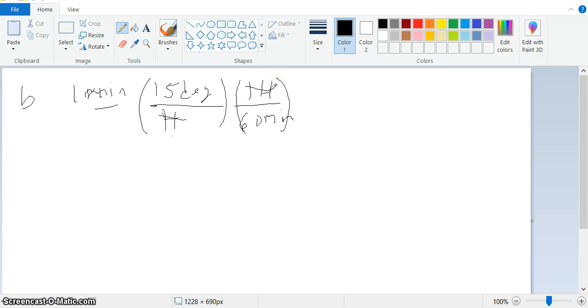And notice the minutes also cancel, and that'll just give us 15 divided by 60 degrees, right? And so 15 divided by 60 is 0.25. Is that right? Yeah, 0.25 degrees.